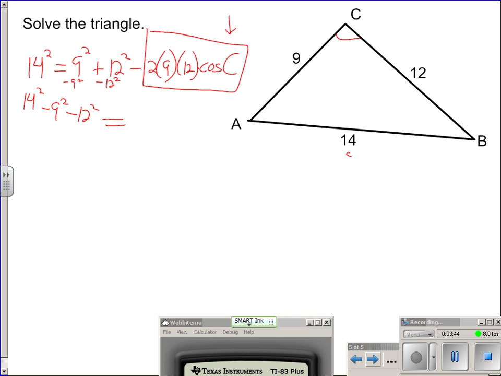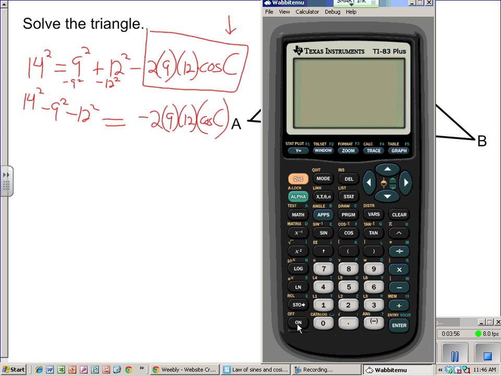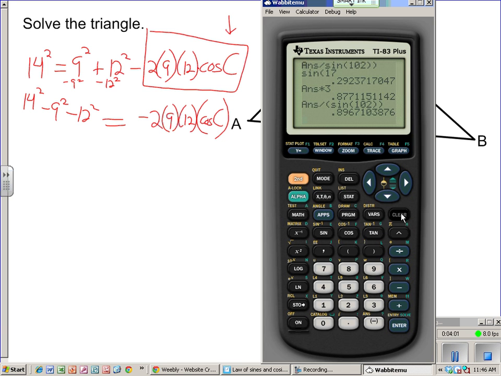What I'm left with is a negative 2 times 9 times 12 times the cosine of angle C. I'm pretty good at math, but I can't do those numbers all that well, so the calculator's back out. 14 squared minus 9 squared minus 12 squared. I'm just going to get that answer: negative 29.